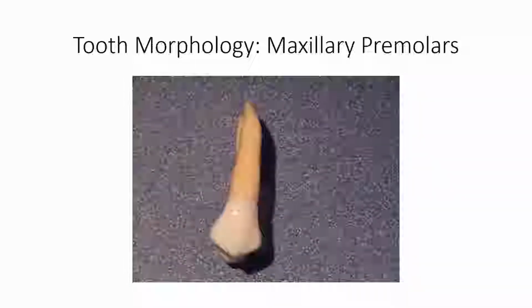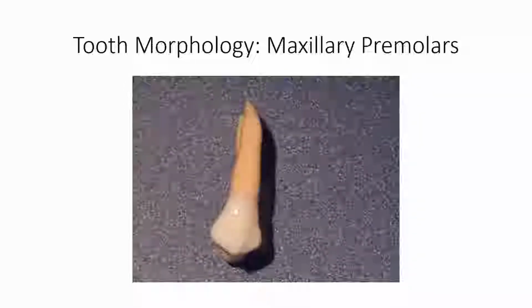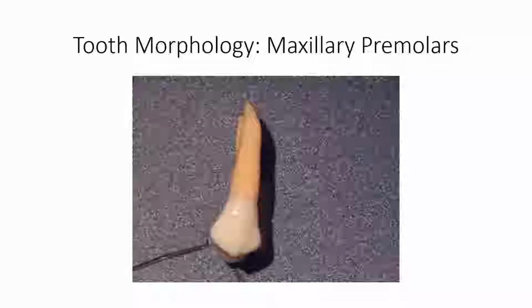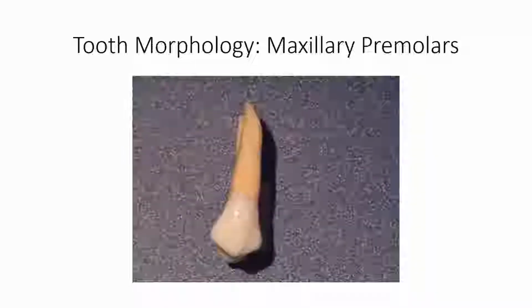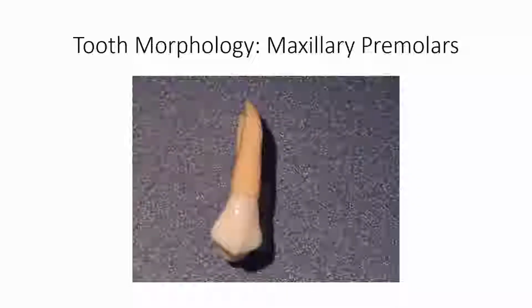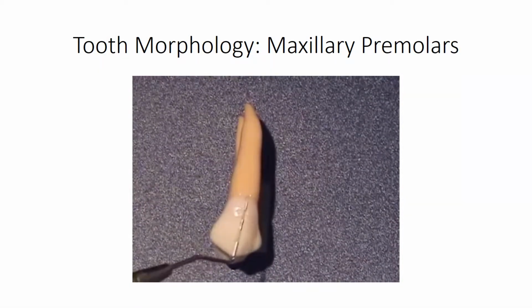There are 2 cusps of approximately equal size. This is the maxillary first premolar. The mesial and distal contacts are just cervical to the junction of the occlusal and middle thirds. The buccal cusp is slightly distal to the long axis.